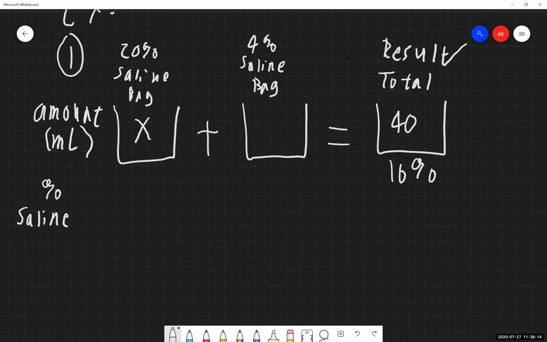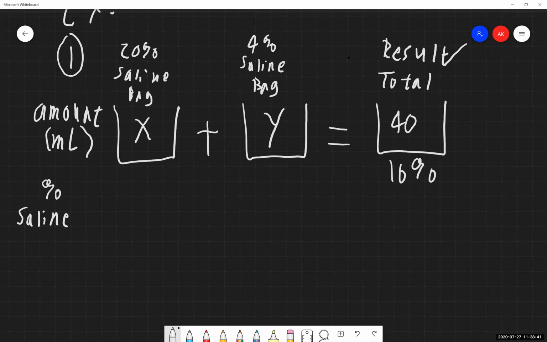We also don't know how much of the 4% saline bag we're using, based on that last sentence. We don't know those two numbers. That's fine. We're being asked how much of the 20% and 4% saline solutions Dr. Cox needs to mix to get the desired dosage. So again, that's what we're solving for. Fantastic, those are unknowns. That makes sense in the context of this problem.